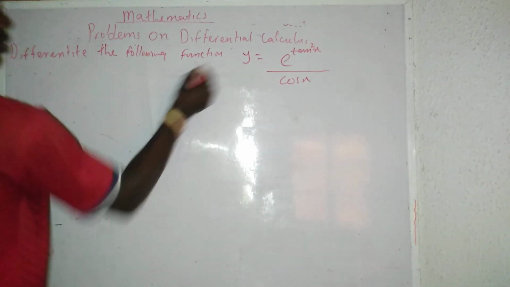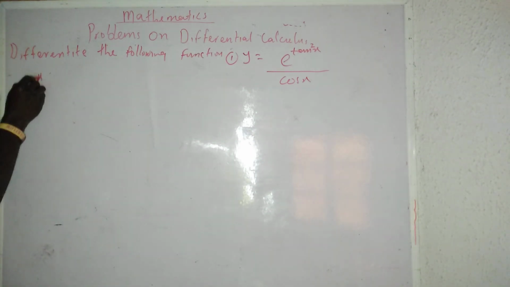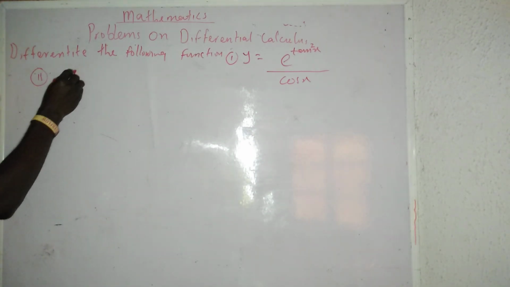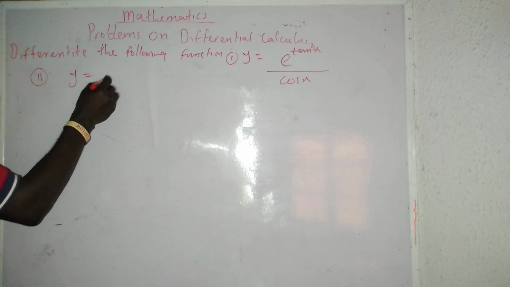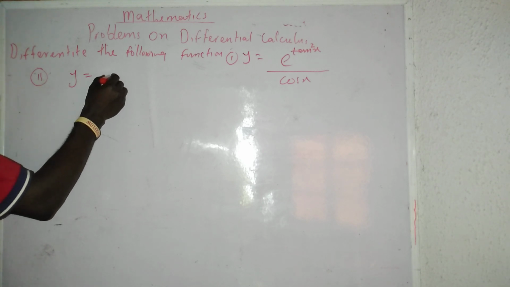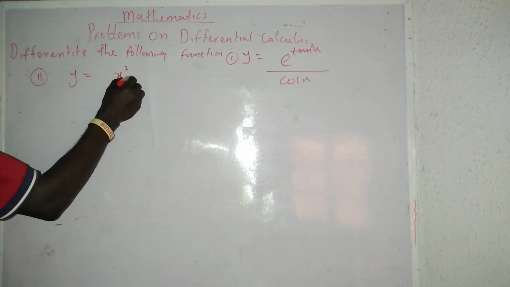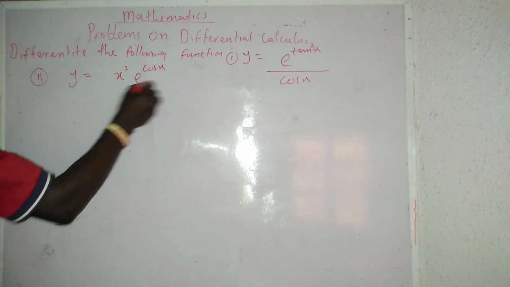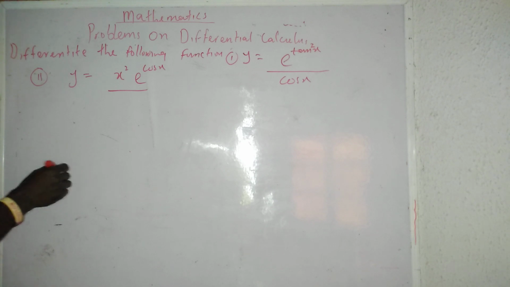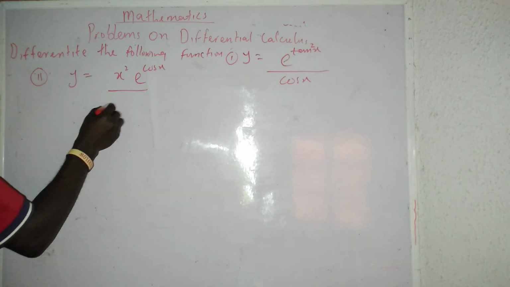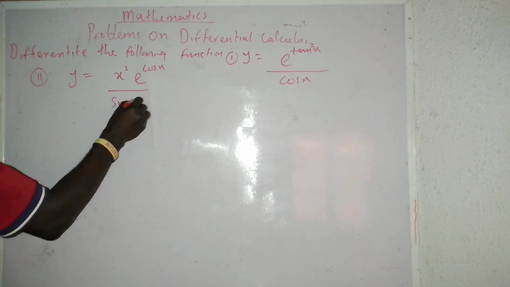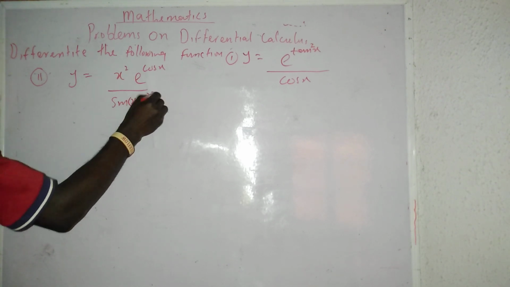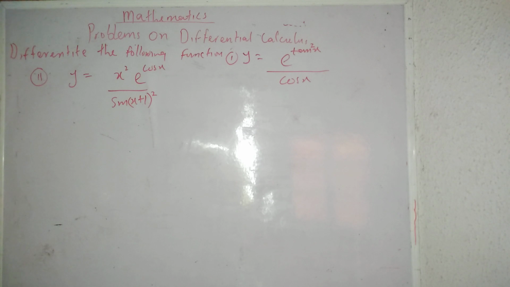And number two, if I have y equals to x squared e raised to power cos x divided by sine x plus 1 squared. Try this and drop your comment.